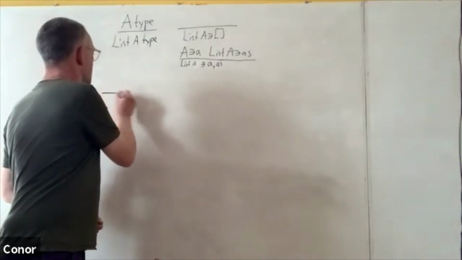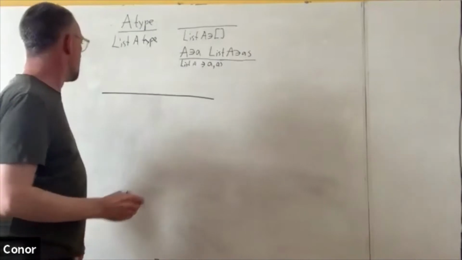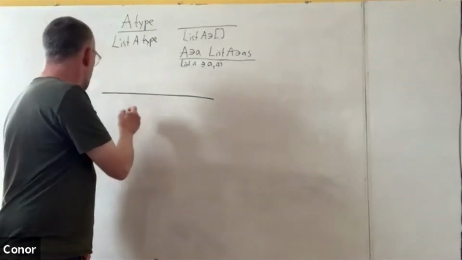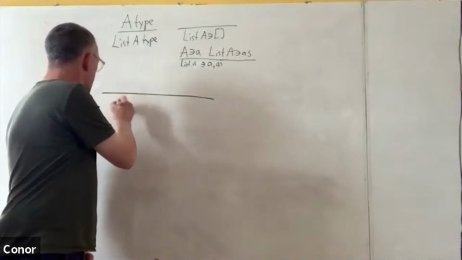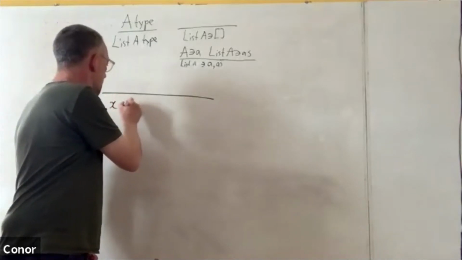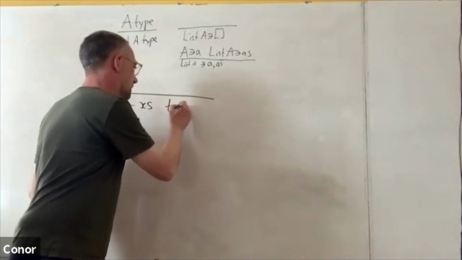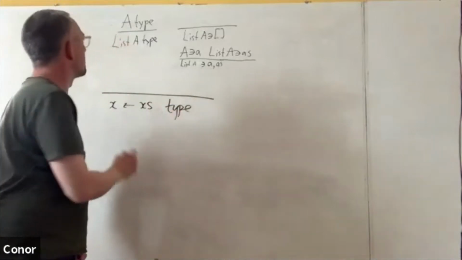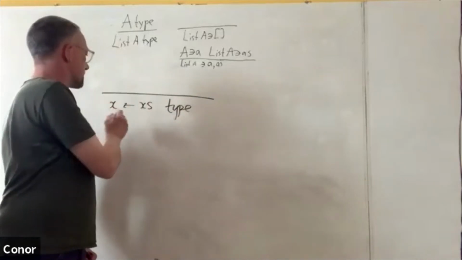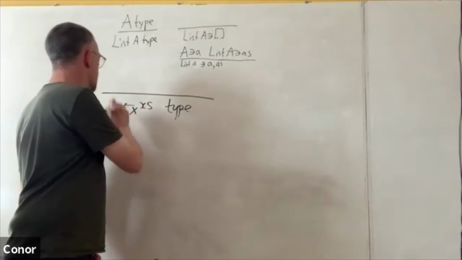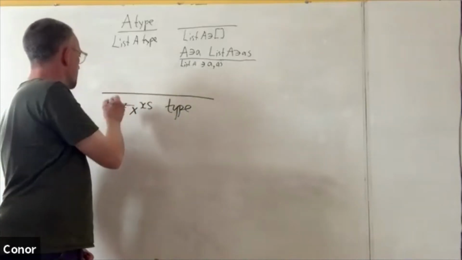So I'm going to say that I'm going to talk about what it is for this thing to be a type. And that's going to be, strictly speaking, I should annotate that with an X, but I'll usually stop.